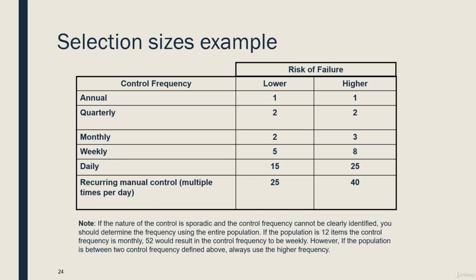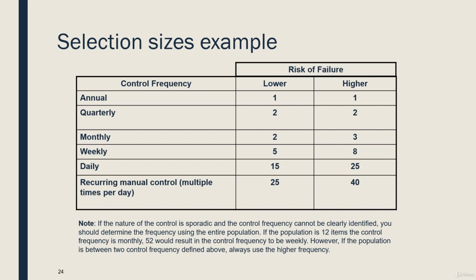One thing to note is that if the nature of the control is sporadic and the control frequency cannot be clearly identified, you should determine the frequency using the entire population. So if the population is 12 items in total, then you can use the frequency of monthly.